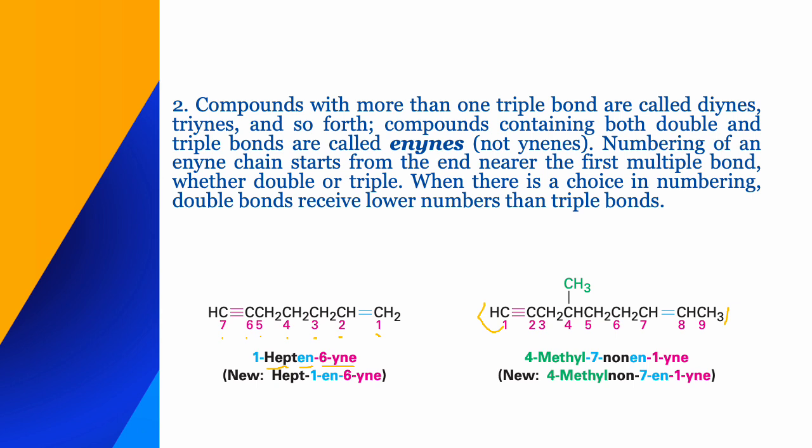Okay, so the next step is identifying the substituents. So this is methyl. So all in all, we have 4-methyl-7-nonen-1-yne, that is, non is for 9, and the locator for the alkene is in carbon 7, that is 7, then 1-yne, that is also the locator for the triple bond that occurs in carbon 1. That is for the old or classical name.